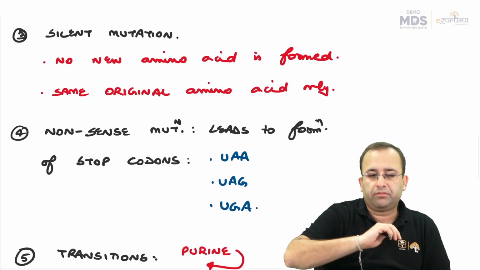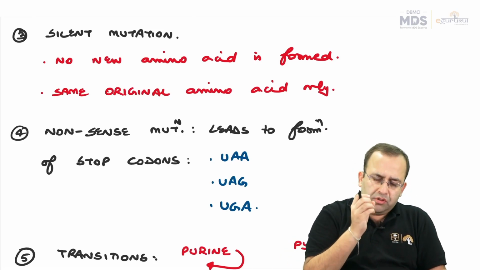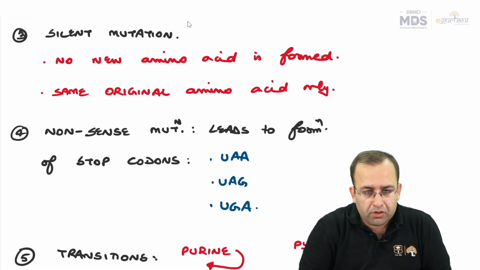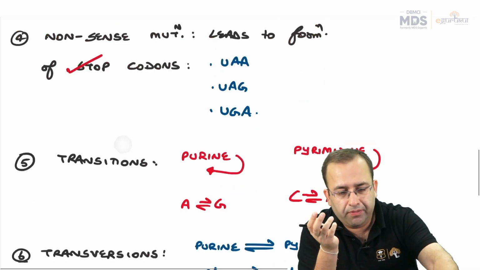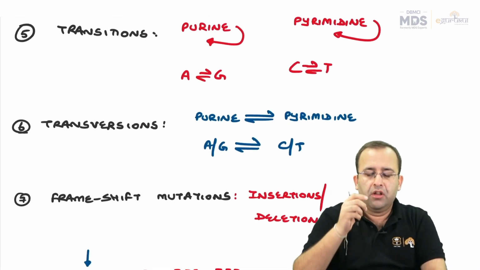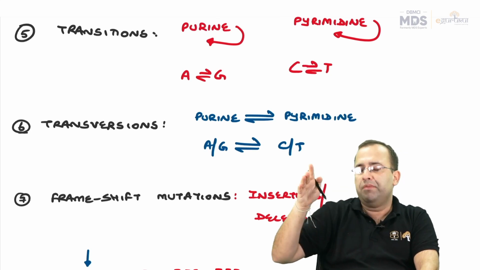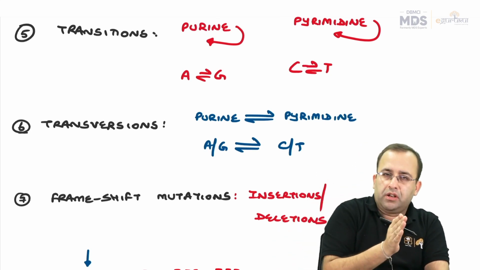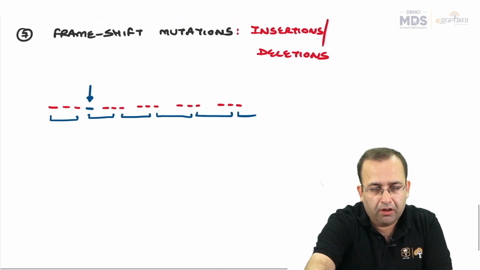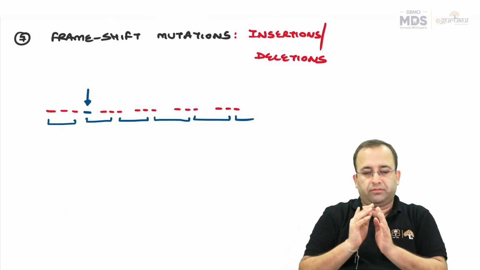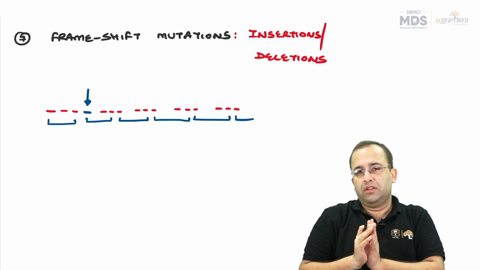Nonsense: it was so nonsensical that it led to stop codons, UAA, UAG, UGA. Transition: purine replaced by purine, pyrimidine by pyrimidine. Transversion: purine by pyrimidine or vice versa. And lastly are frame shift mutations. These are the point mutations.